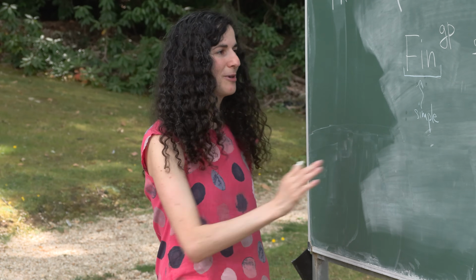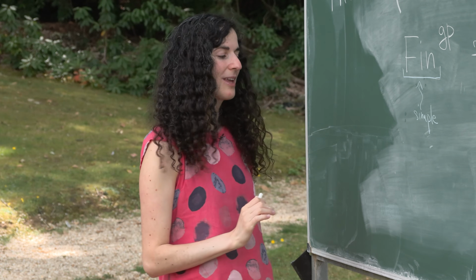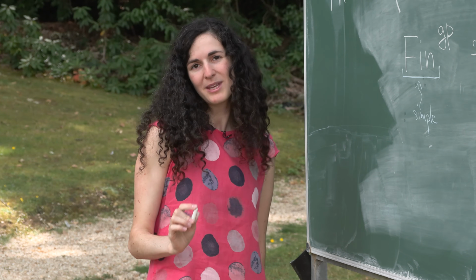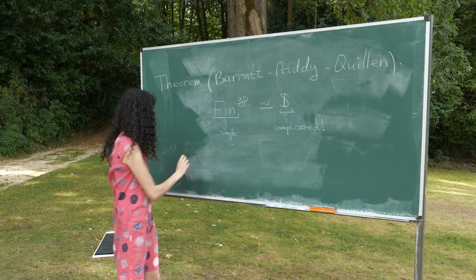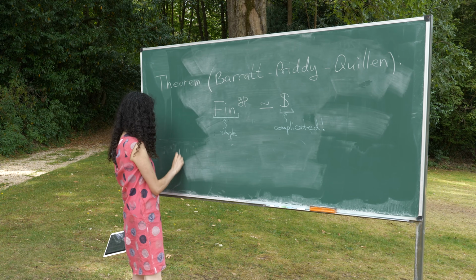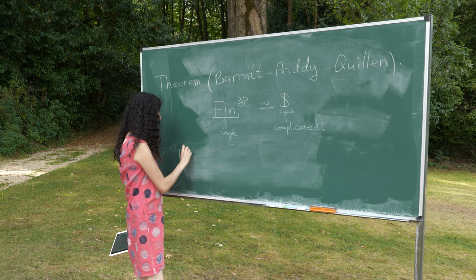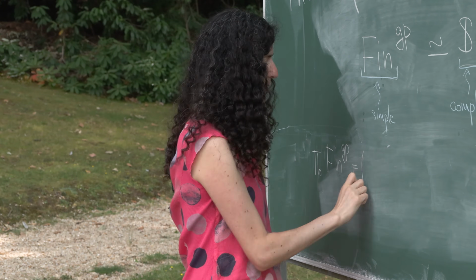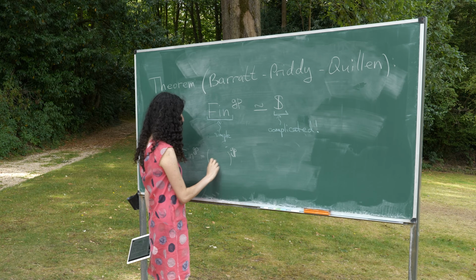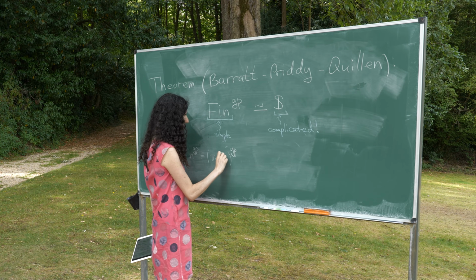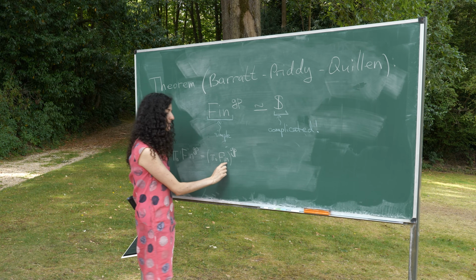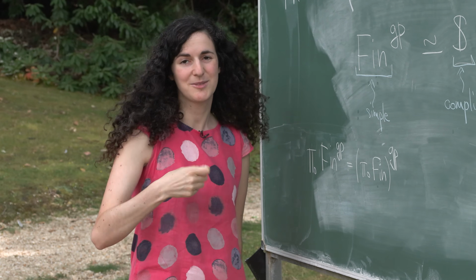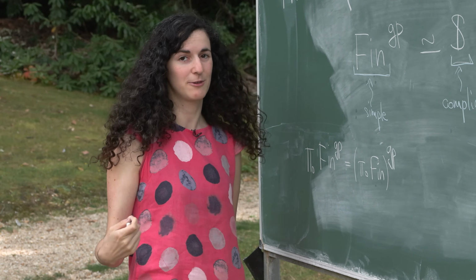We can see a small instance of this isomorphism if we just look at π0, so on connected components. On one hand, we have π0 of the group completion of finite sets, which is the group completion of π0 of finite sets. But this was a space whose points were finite sets and paths were isomorphisms of finite sets.